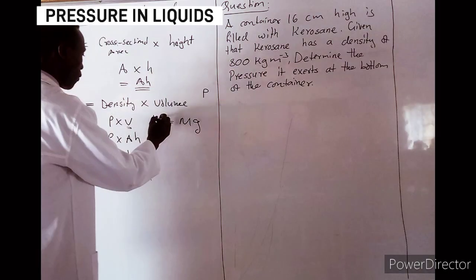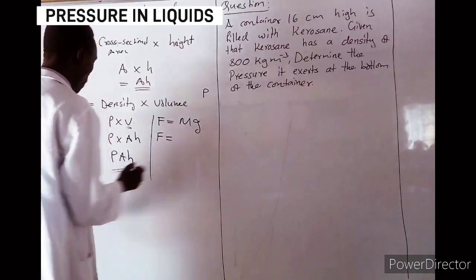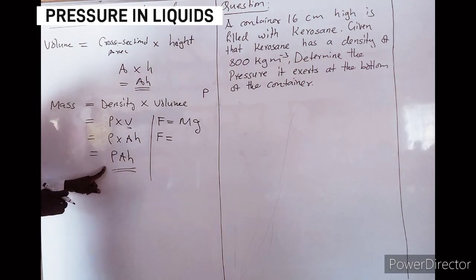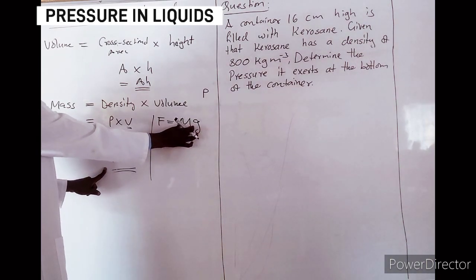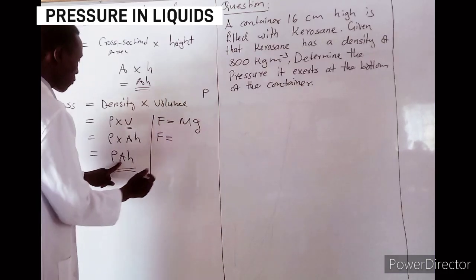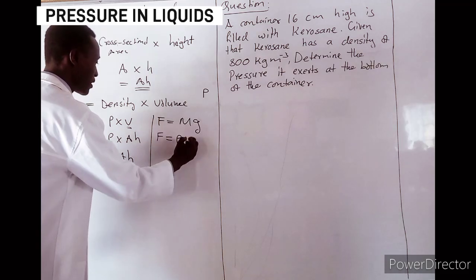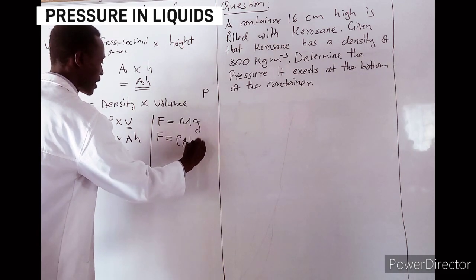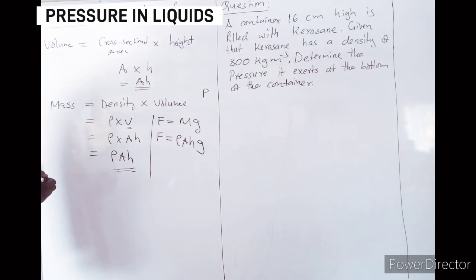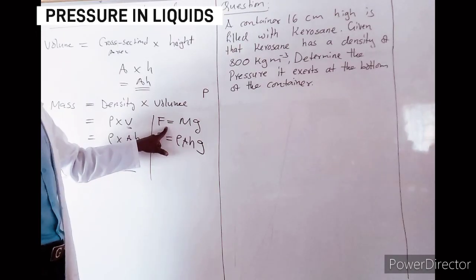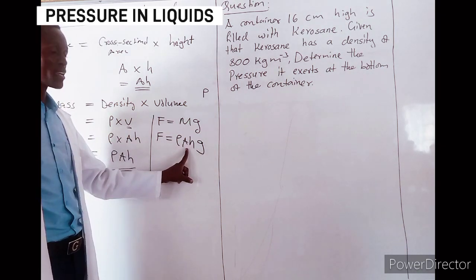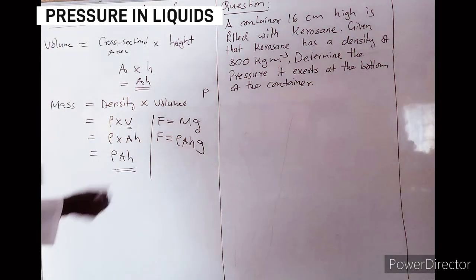That means force is equal to mass, which is density times area times height, times gravity. We substitute the mass here, so that force is given by density times area times height times gravity. The area here is the cross-sectional area.